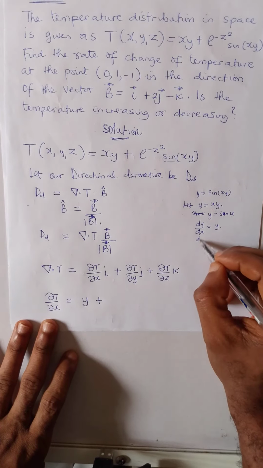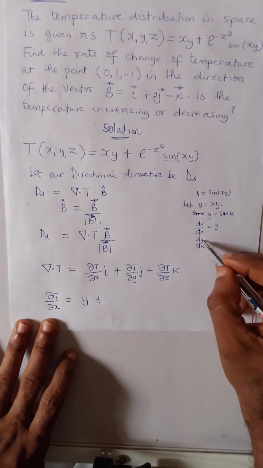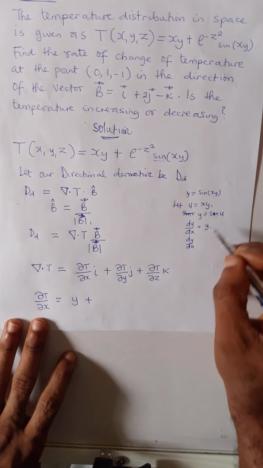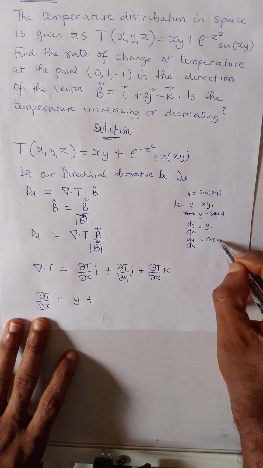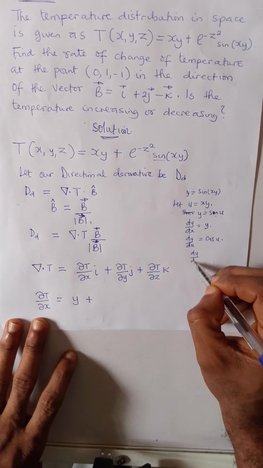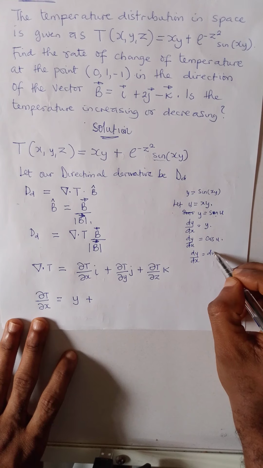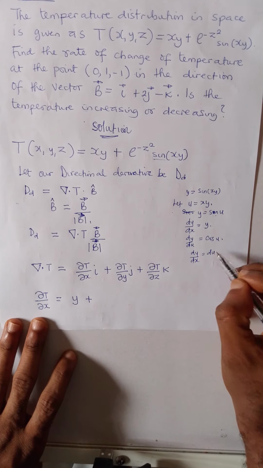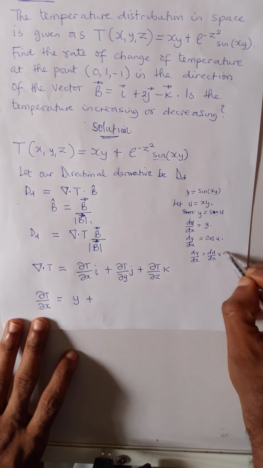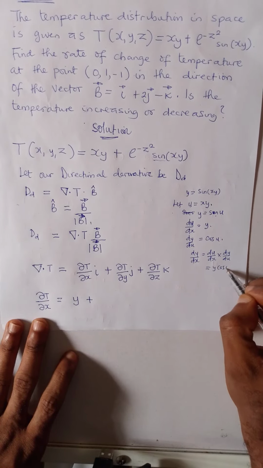And if we differentiate y with respect to u in this other equation, we are going to have cos u. So when we now apply our chain rule, dy over dx will be equal to du over dx times dy over du. So this will give us y cos u.